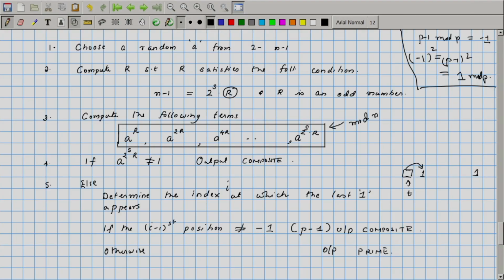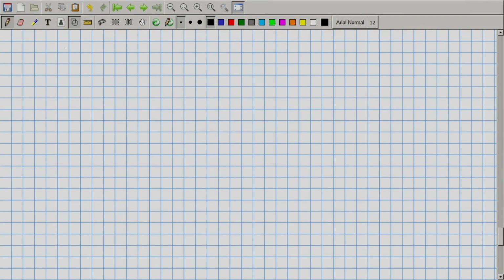So, now we need to argue that this algorithm has the correctness requirements that we had initially mentioned. Clearly, the algorithm runs in polynomial time, because all these calculations, this is s repeated squarings and s is less than, let us say, log n.